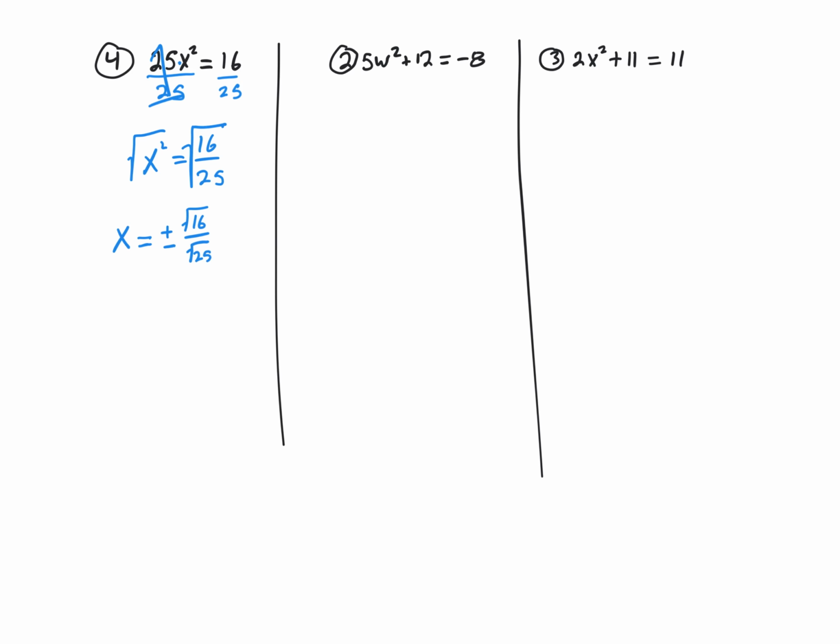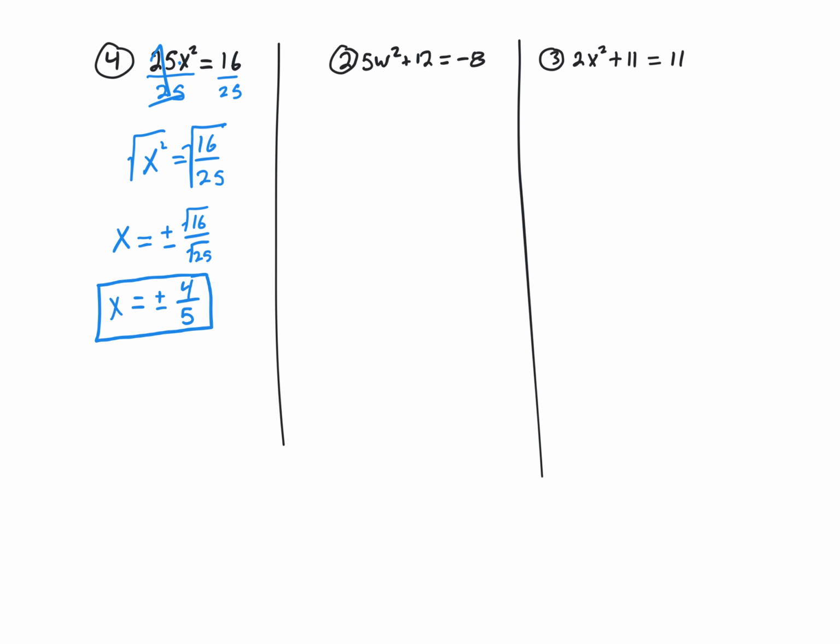Now remember that property, you can take the square root of the top divided by the square root of the bottom. Those are both numbers that I know, because the square root of 16 is just 4, and the square root of 25 is 5. So x is equal to two different numbers, either the positive 4 over 5 or the negative 4 over 5. So this one has two solutions.